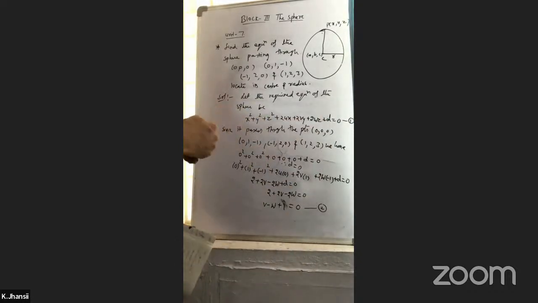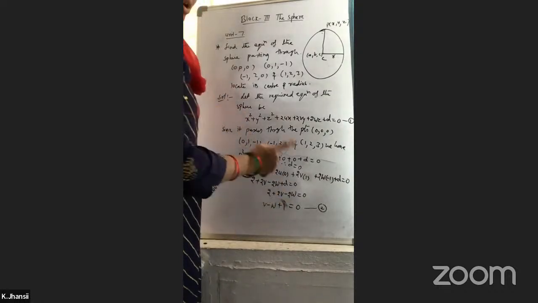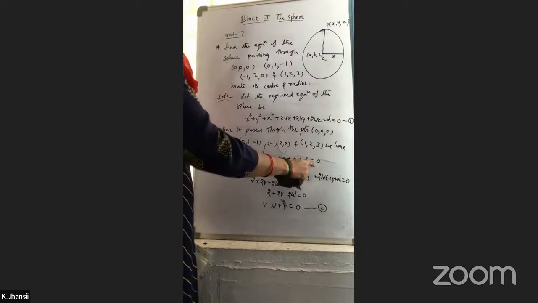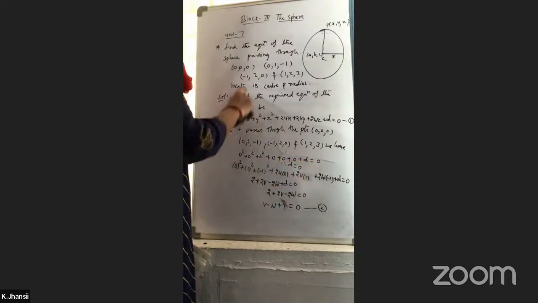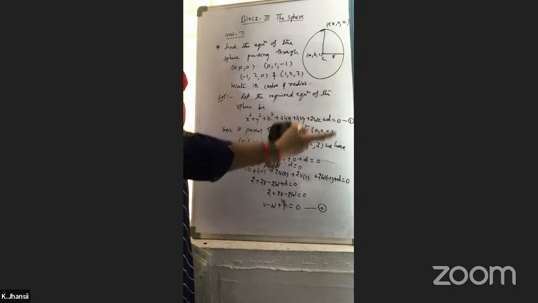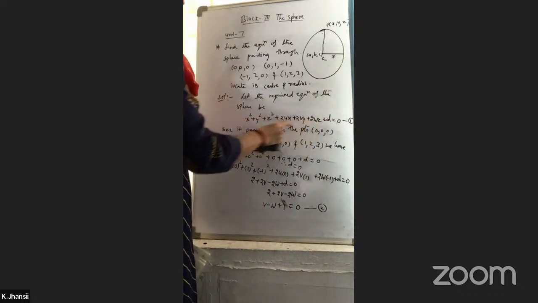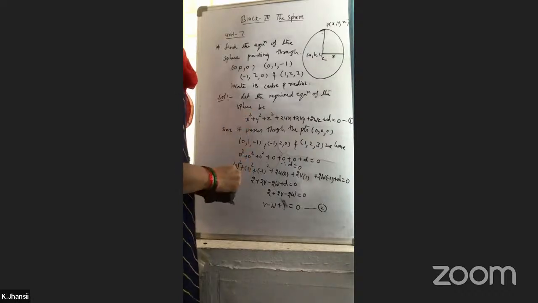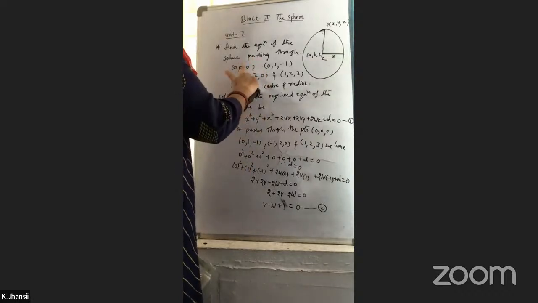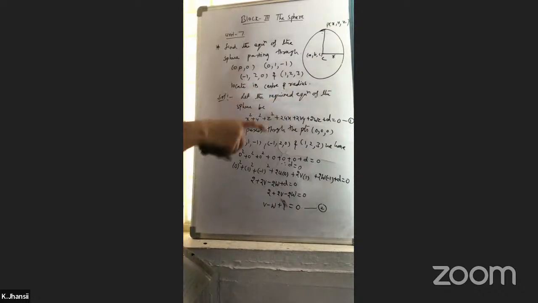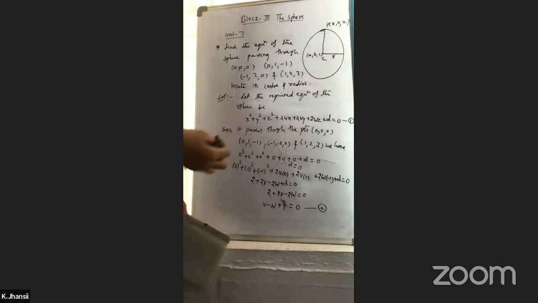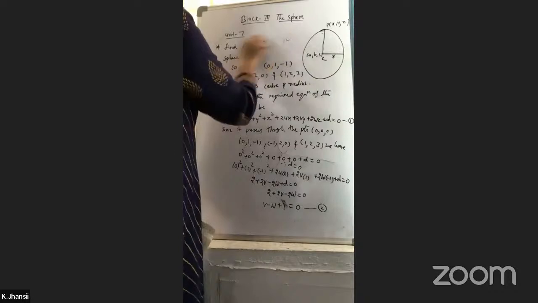Now from that 4 equations, when you solve those equations, you will get the v, w, and also u values. Already we got d value. So the main intention is we have to find u, v, w, and d values. After getting those values, if you substitute in this equation of the sphere, then you can get the sphere which is passing through these 4 points. Okay, that is the main question.